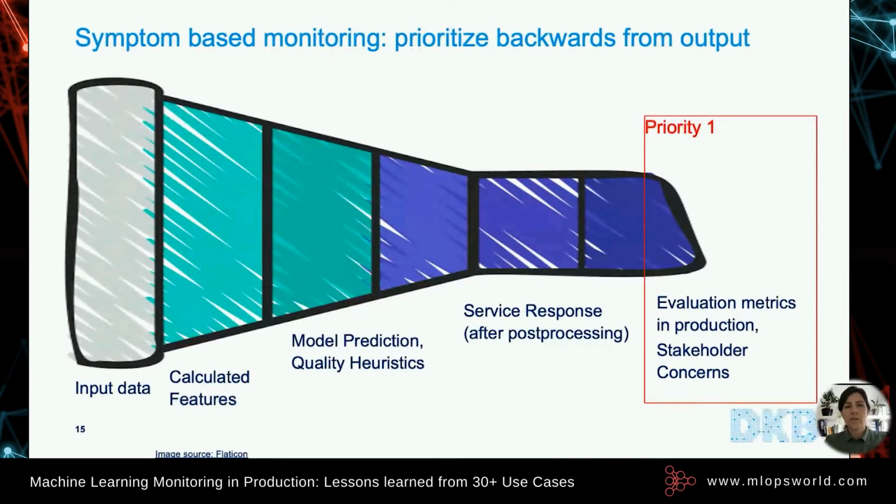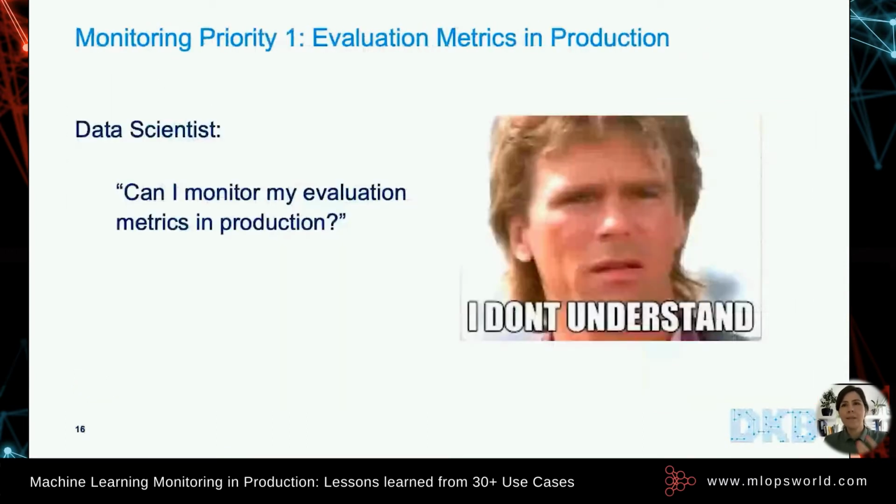So if on the left side there's the data, it calculates features, then there's a model prediction, then there might be some post-process filtering, and then there are evaluation metrics, after we know the ground truth, you should start at the very end towards the user. So what does this mean? Sometimes I get a data scientist super confused: how can I monitor my evaluation metrics in production?